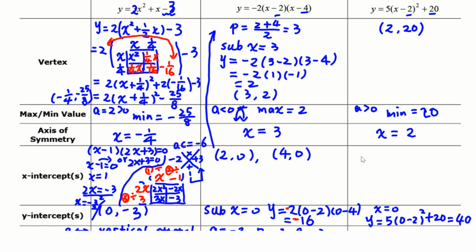For the x-intercept, we are going to see that y equals 0. So y equals 0, then we have 0 equals 5 bracket x minus 2 bracket squared plus 20. And because x appears only once, we can use the isolating method to solve for x.